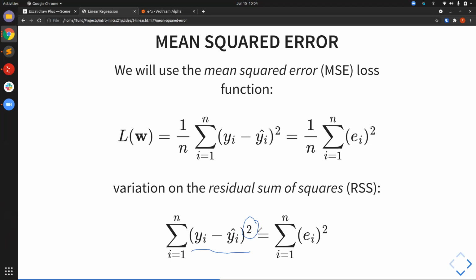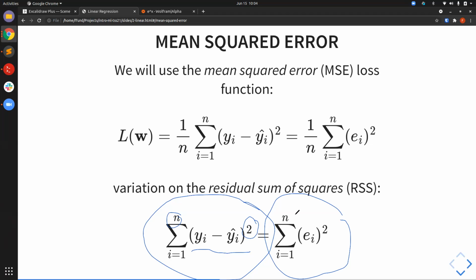We square those residuals and sum them all up. This expression is known as the residual sum of squares, or the RSS. Now, the residual sum of squares depends on n. If you have a lot of samples, even if each sample has very small error, it adds up.